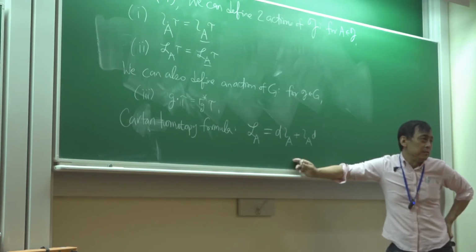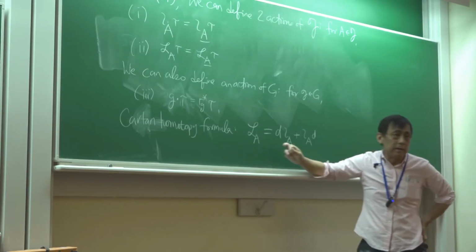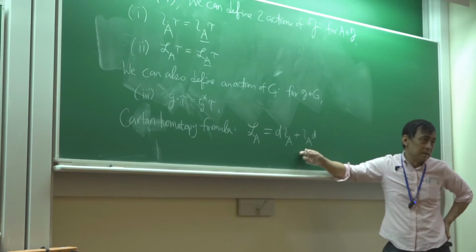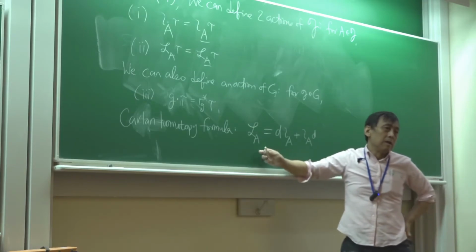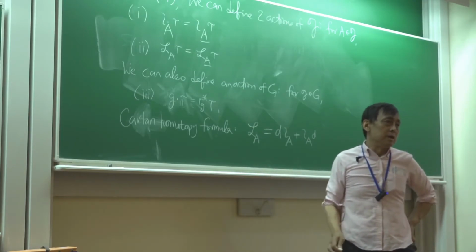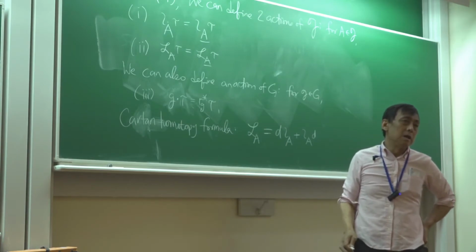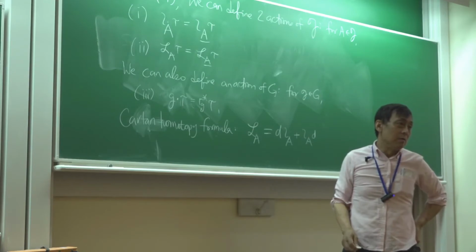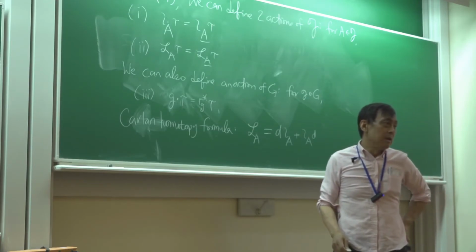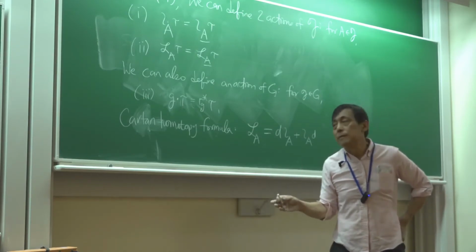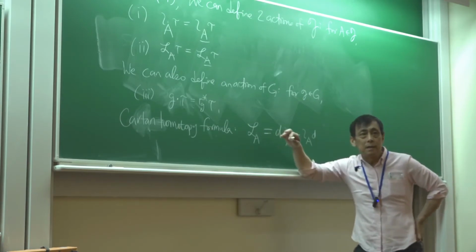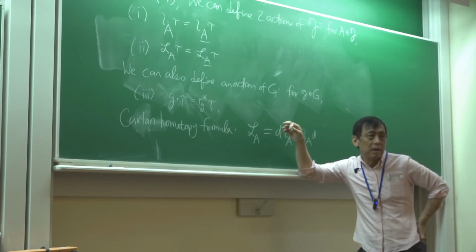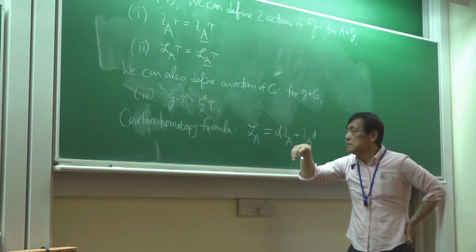This is very easy to show because both sides are derivations. So you only need to check it on the generators, on one forms. If it's true for one forms, then it's going to be true for all forms, because both sides are derivations.